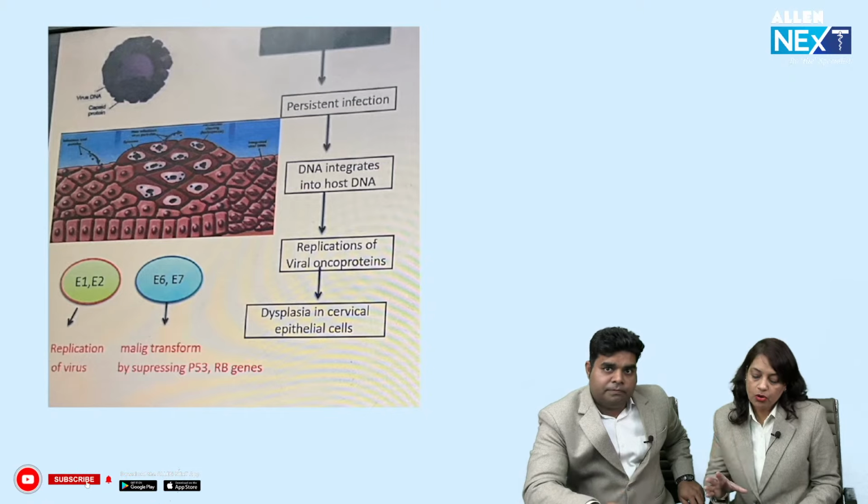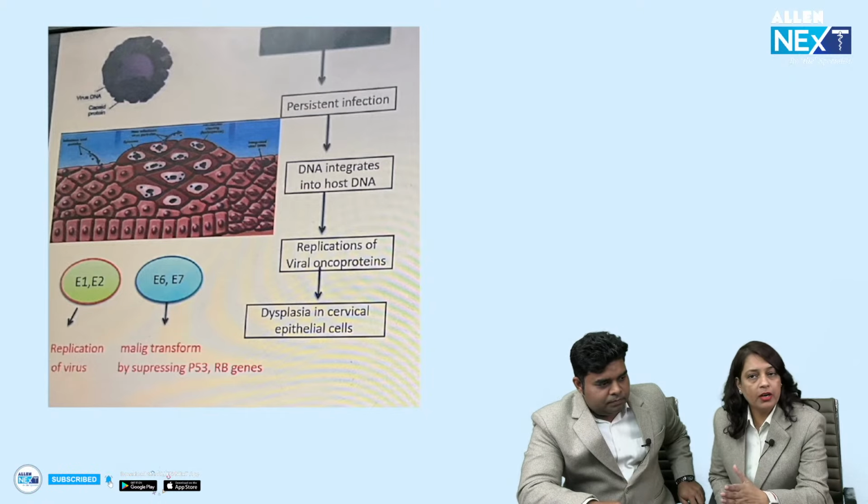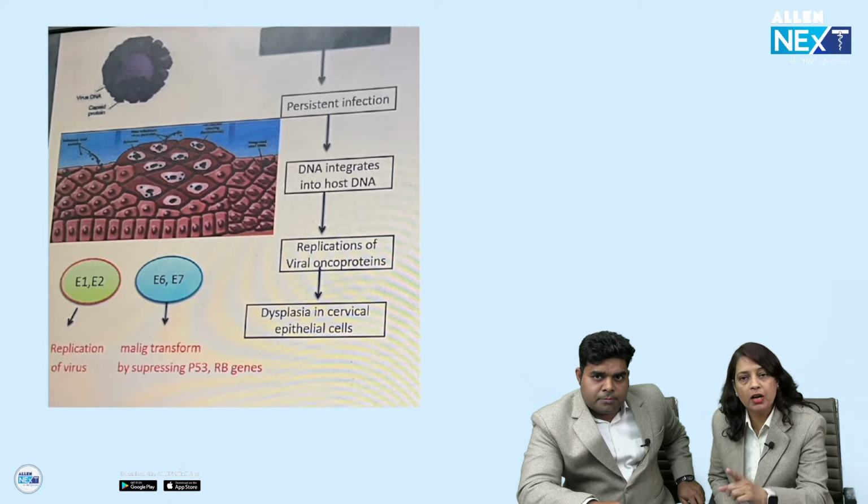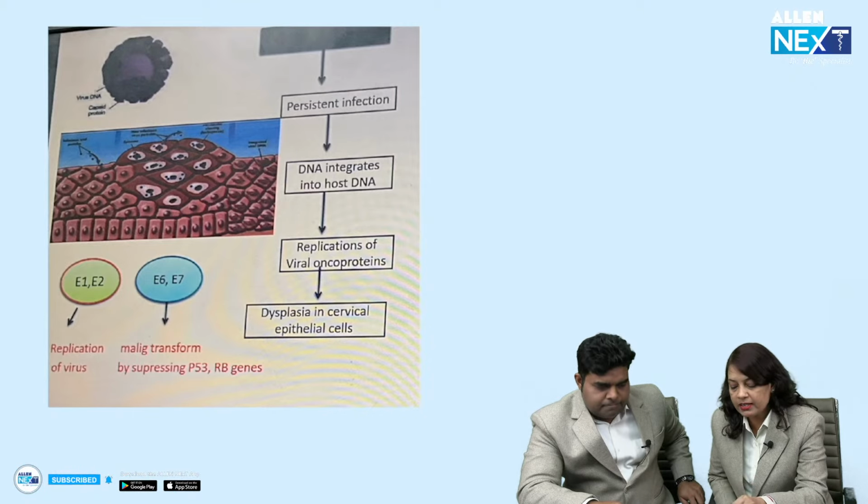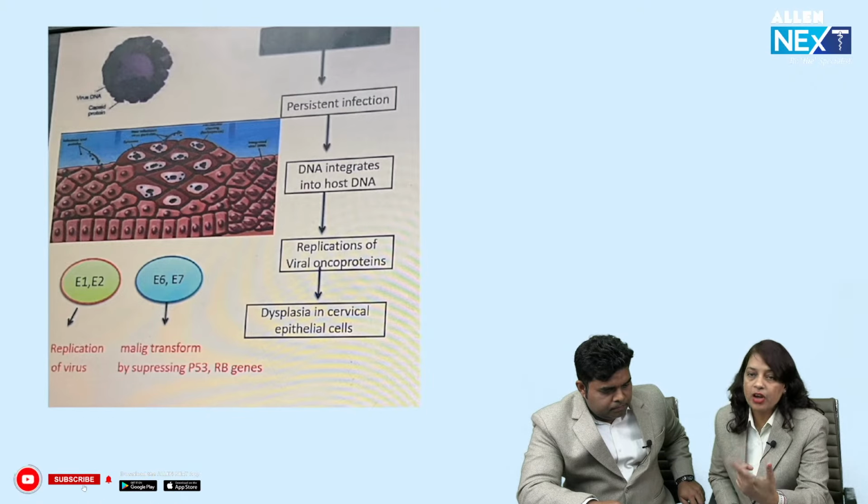The majority of females, around 80%, get HPV infection, and our body clears 99% of infections. If in 1% it persists, the DNA of the HPV virus gets integrated into the host cells, that is the normal cervical epithelial cells, and there is replication of viral oncoproteins.